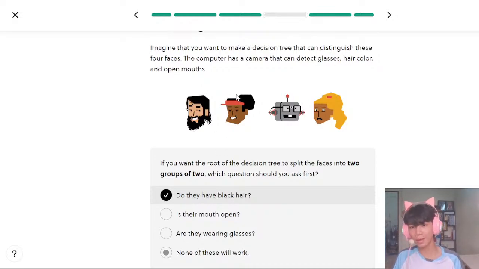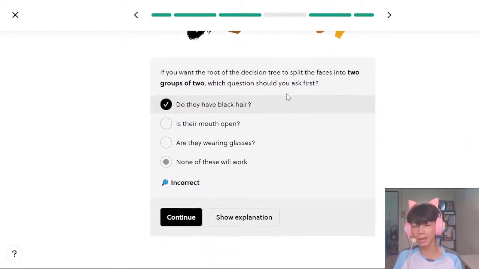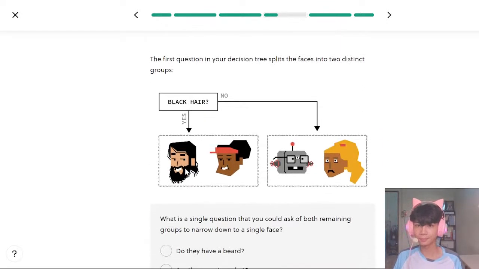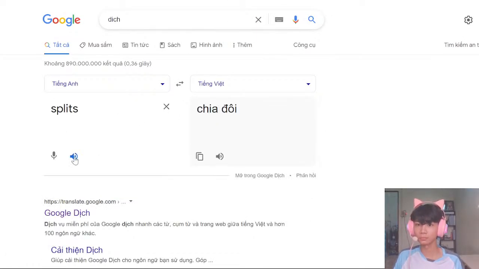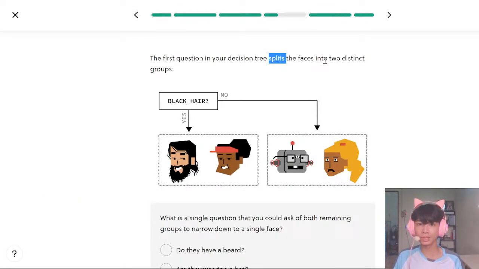Two of them have black hair and two of them have no black hair. The first question in your decision tree splits the faces into distinct groups.